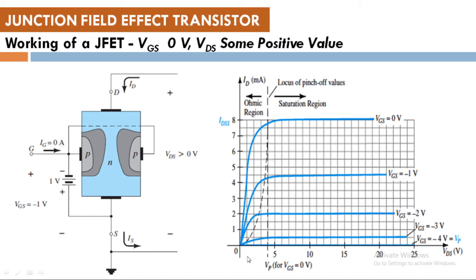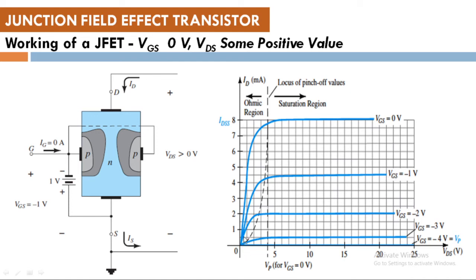Now when we apply the output voltage and increase it, again this channel will try to increase, so we will be able to see the current as seen in the middle curve, where VGS equals minus 1 volt.